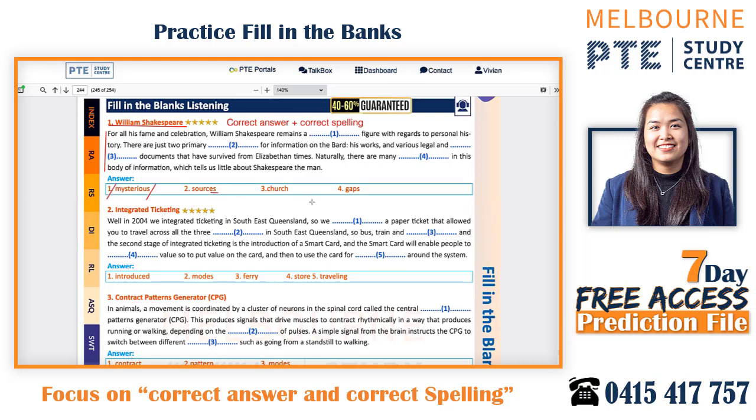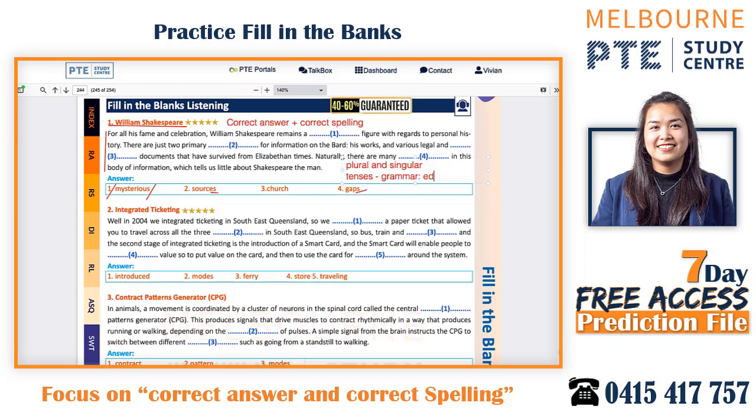Sources, which is plural, okay? Gaps, right? So these are the things that you need to remember, especially pay attention to plural and singular, okay? Tenses, which is like I mentioned, grammar, okay? Sometimes you may not be able to hear, for example, the ed sounds, okay?